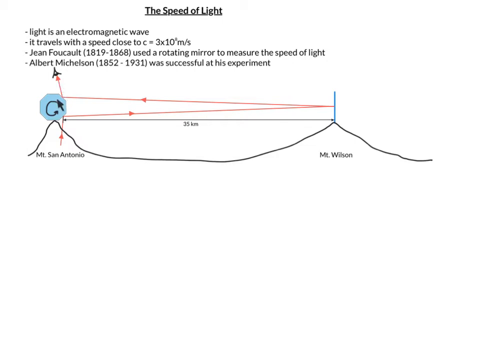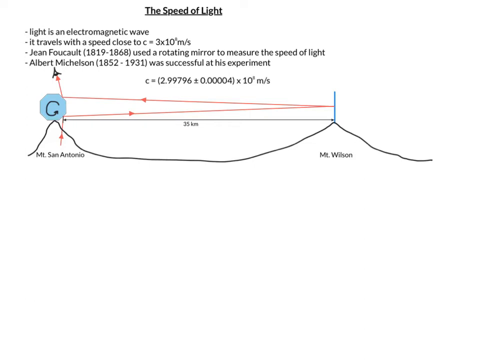Based on the fact that they knew the angular speed of the rotating mirror, they knew this distance, and which of the facets of this octagonal mirror the light bounced off of, they were able to determine the speed of light.